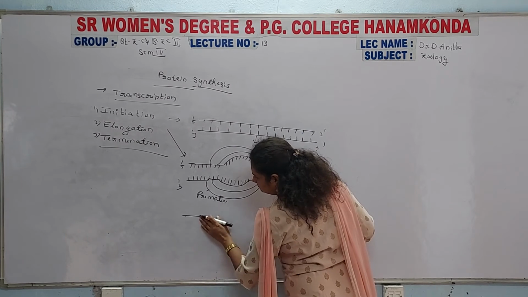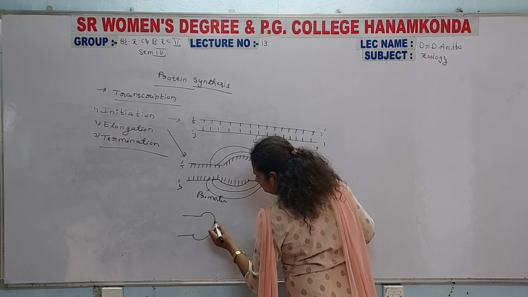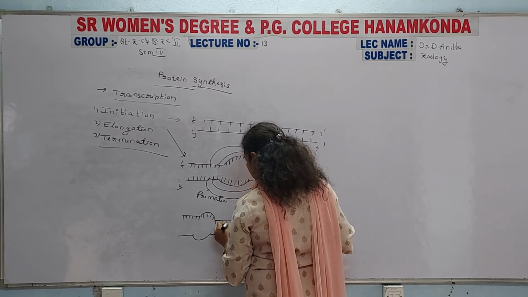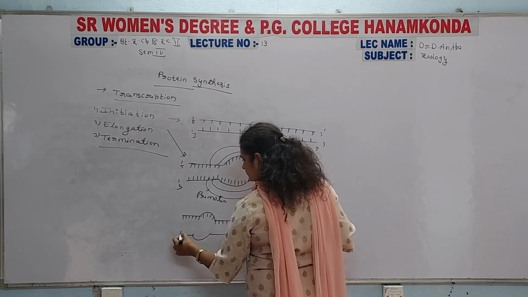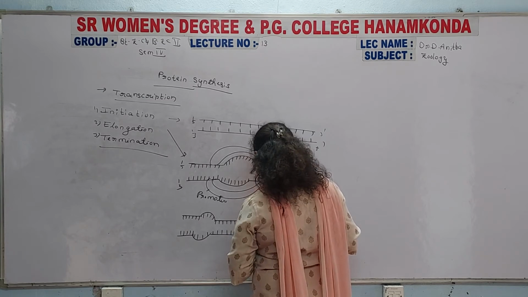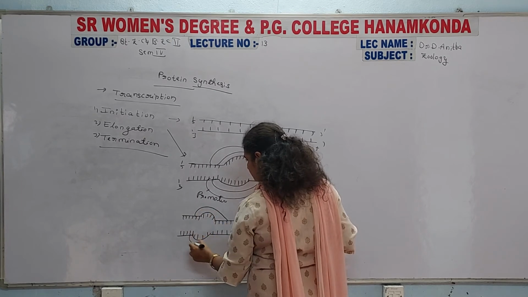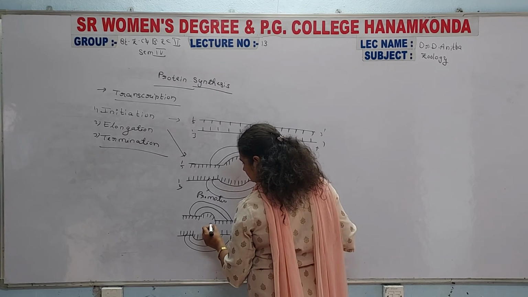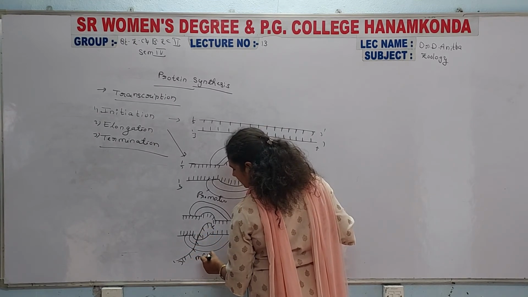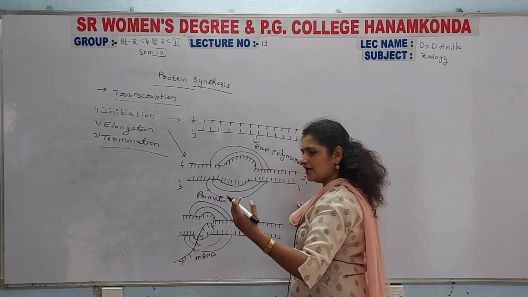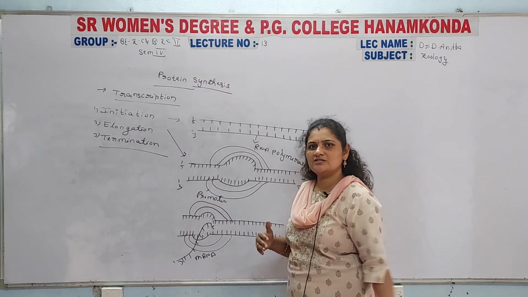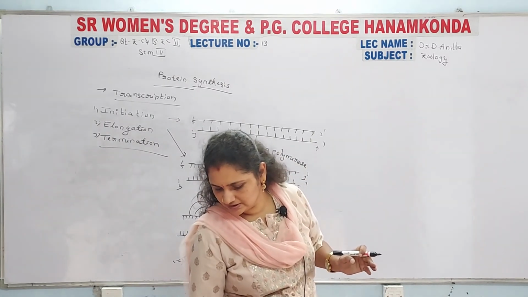See here, it is the mRNA. In the elongation process, the chain is continued and the nucleotides are bound step by step, attached one after another, and the chain continues. That phenomenon is considered the elongation process.